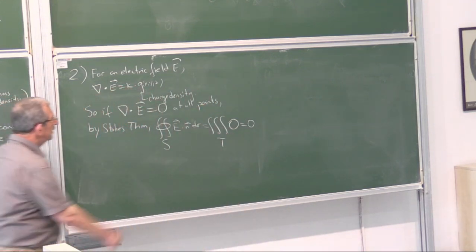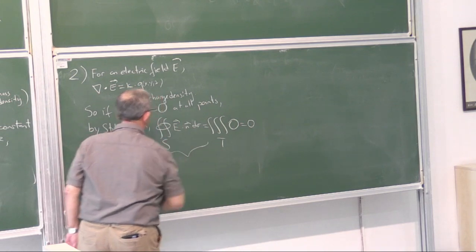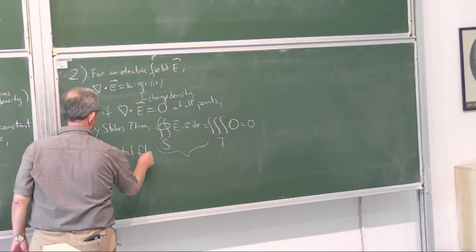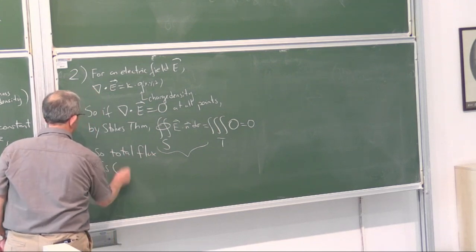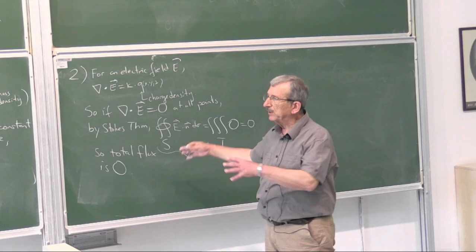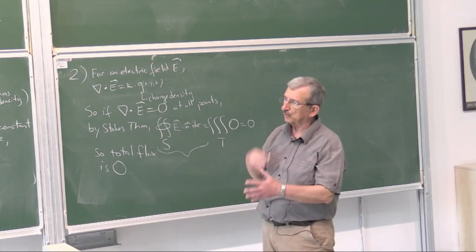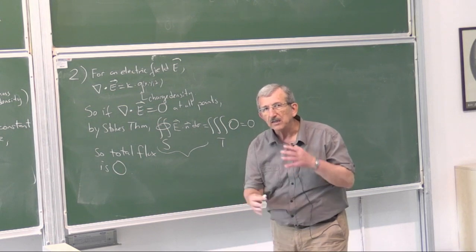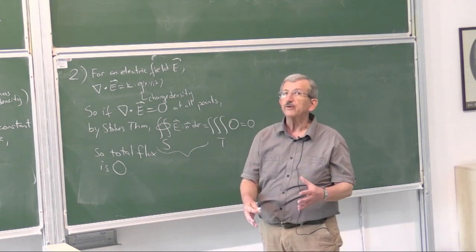That's to say, the flux is zero. So, total flux is zero. Now, what does that mean? Well, you have some electric field which should act, but if it acts on something, it loses energy.